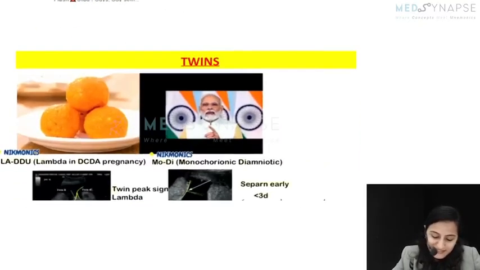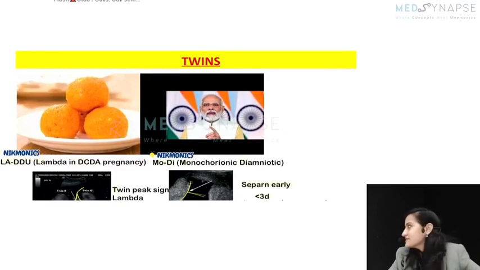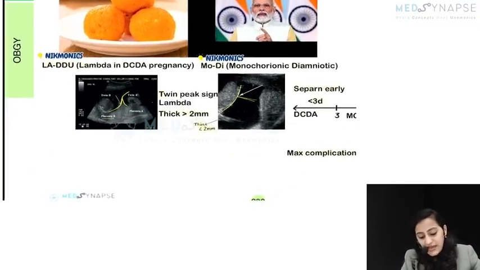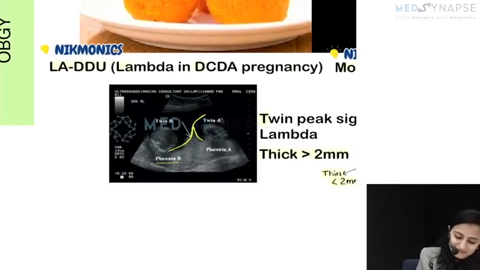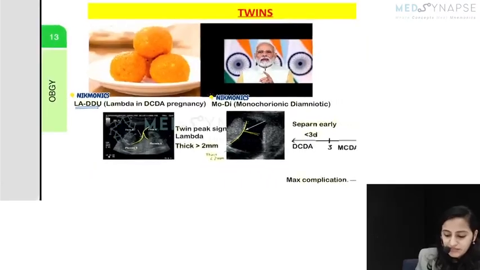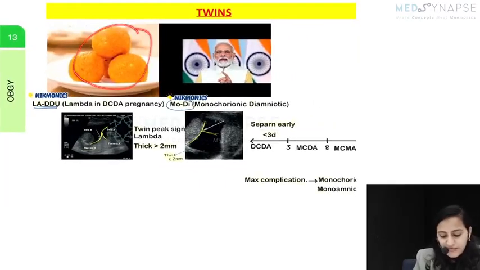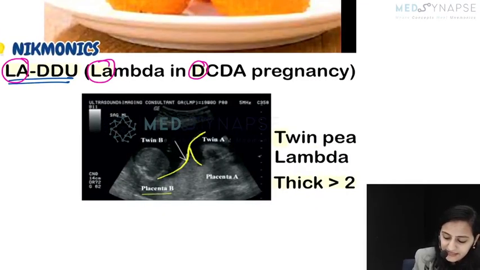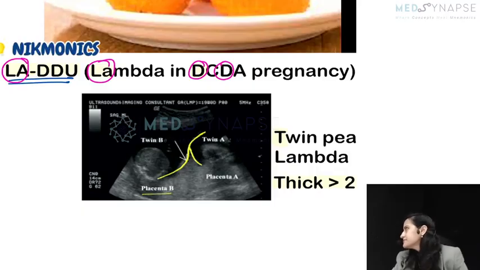Next is twin pregnancy. Twin: lambda sign, T sign. Where do you see lambda, where do you see T? The mnemonic for twin is laddu and Modi. Laddu stands for lambda, DC, DA, DD.